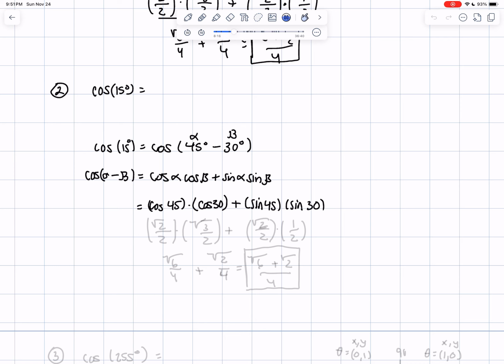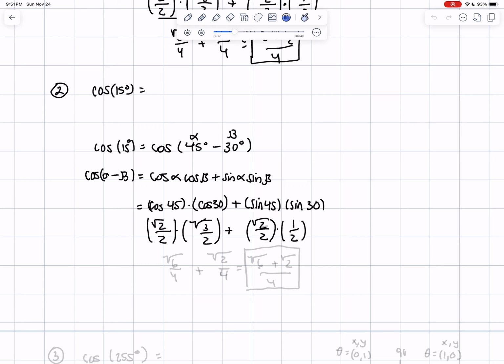Okay, cosine of 45 we know is square root 2 over 2. The cosine of 30 is square root 3 over 2. The sine of 45 is square root 2 over 2. And the sine of 30.